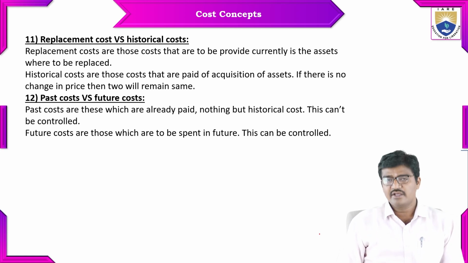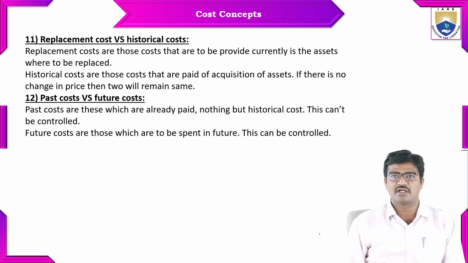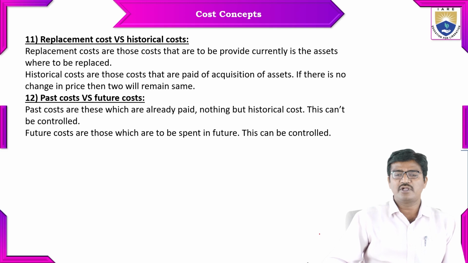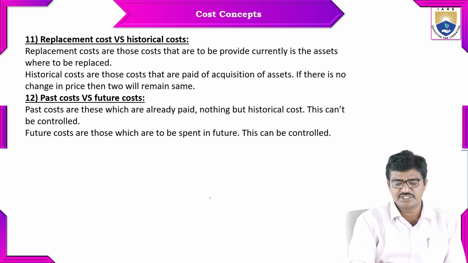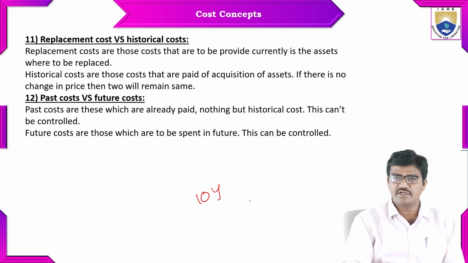And next category, past costs versus future costs. Past costs are incurred in the past, and future costs are to be incurred in the future. In future, you want to replace the machinery. For example, you have purchased machinery right now. The machinery life is 10 years. After 10 years, you have to replace the machinery.